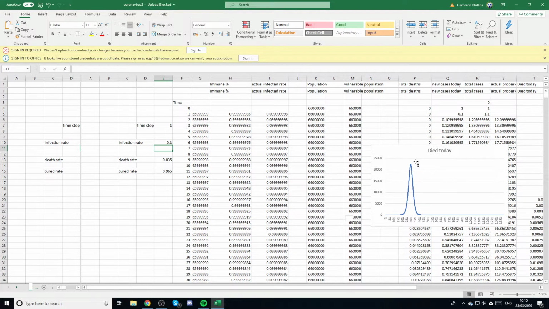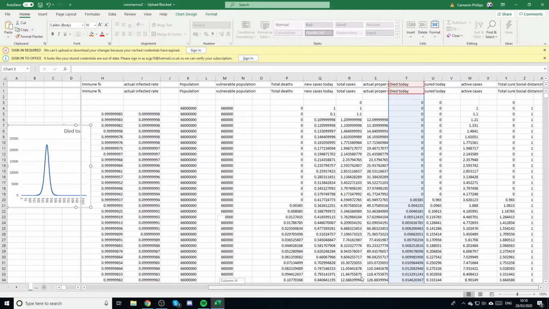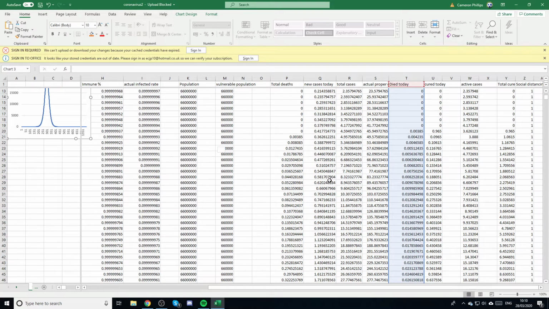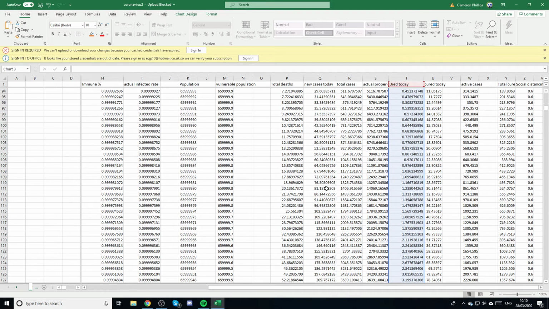If we can get that infection rate down to 0.1, our total deaths is doubling, what's the time period? Let's go from 15 to 30.